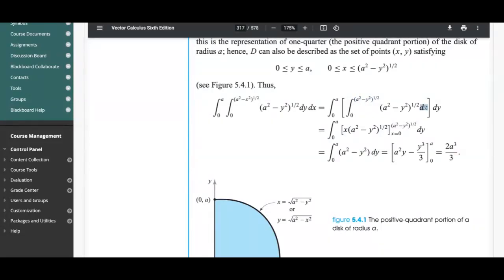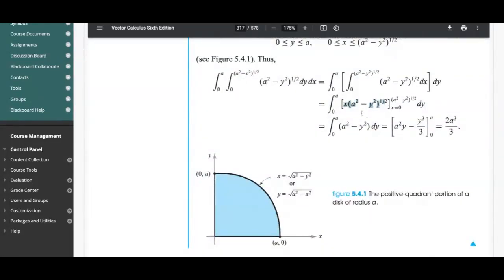Now, because we're integrating in the x direction, and this is just a constant in the x direction, once we integrate, we just get this multiplied by x, it becomes a scalar. Then we evaluate at 0 and at the square root of a squared minus y squared. What do we get? We get a squared minus y squared.